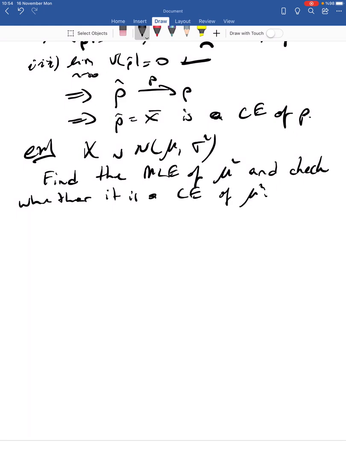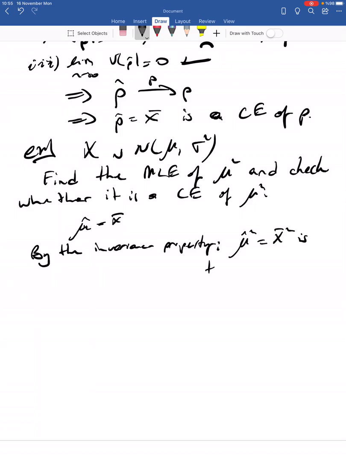First, we know the MLE of mu is x bar. So by the invariance property, mu hat square, x bar square, is the MLE of mu square. Okay, so the first one is done.